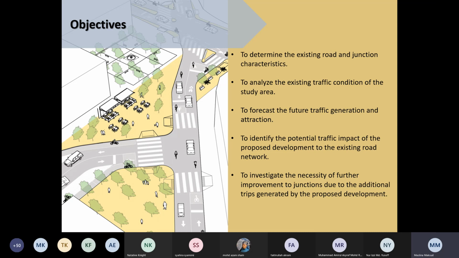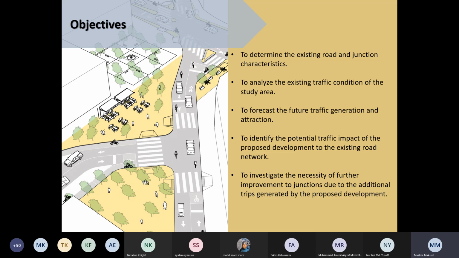And then we also want to investigate the necessity for further improvement to the junction due to the additional traffic generated by our proposed development. And usually we will suggest the improvement necessary to maintain the acceptable junction performance criteria.